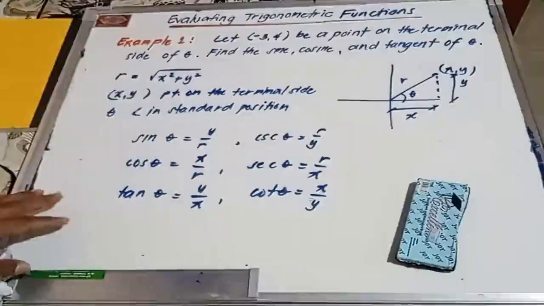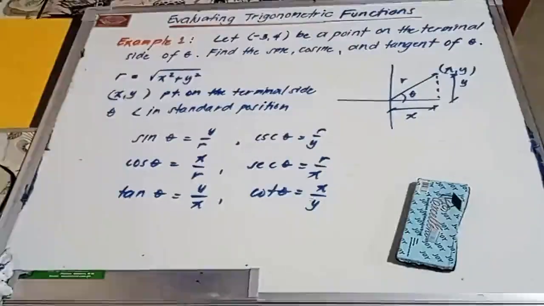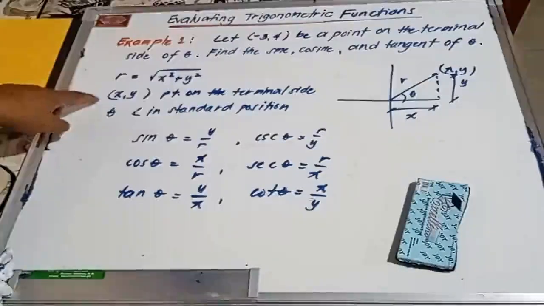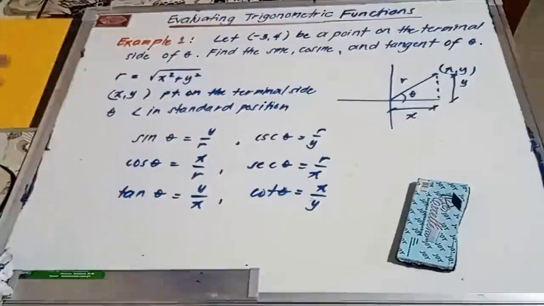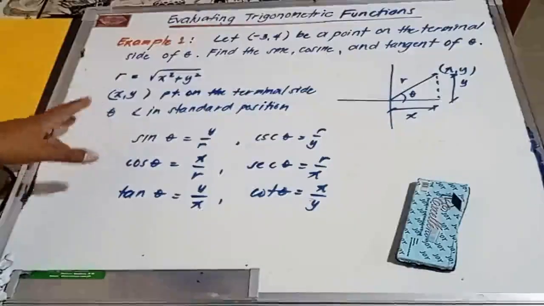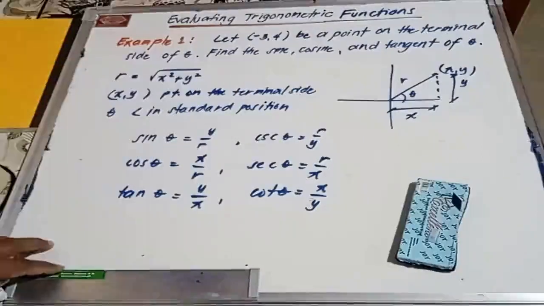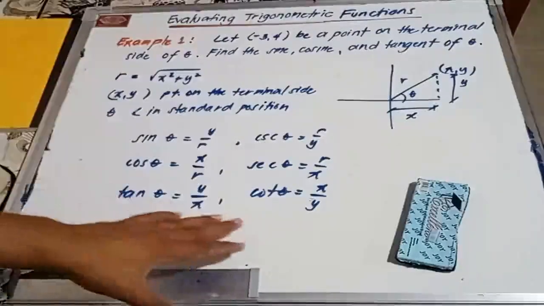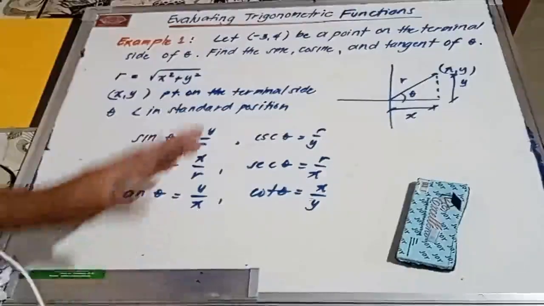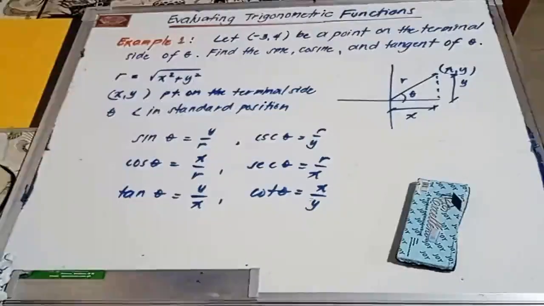Yan. So, nakapag-review na tayo ng mga formula na gagamitin sa pag-solve for r. Alam na natin na yung point na x, y ay point on the terminal side of angle theta. And yung theta natin, angle measured in standard position. And these are the six trigonometric functions of angle theta given yung location of the point x, y.